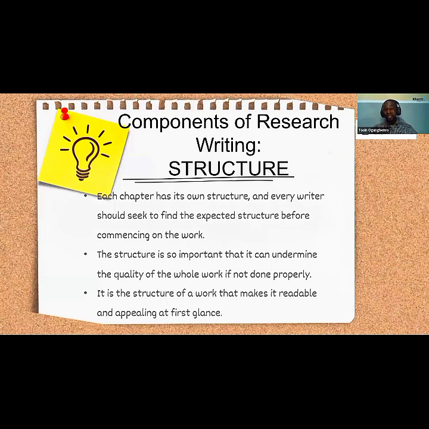Part of your structure is the fonts you use; your font style and font size are part of the structure. In academic writing, there are specific fonts that are allowed. Times New Roman is part of it, Arial is part of it, and there's one other one, Calibri.